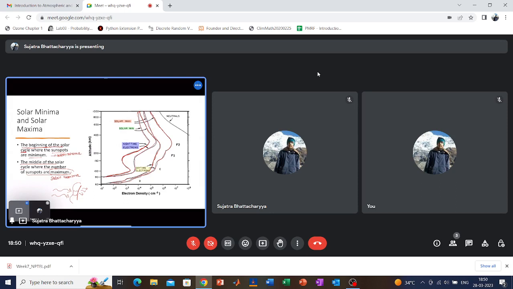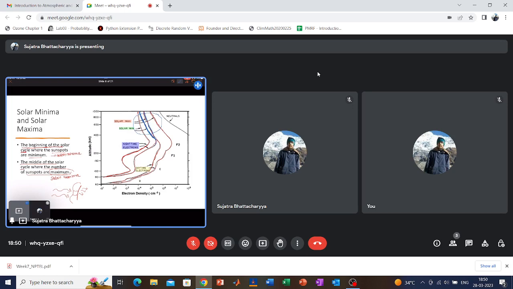But the thing to be noted here, see this region. What you see is that the daytime solar minima is less than the nighttime solar maxima.